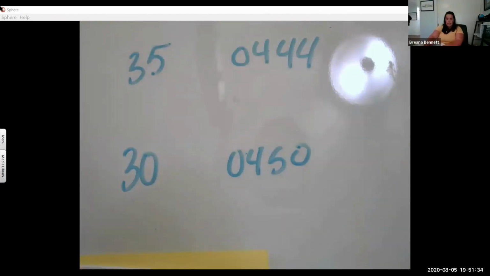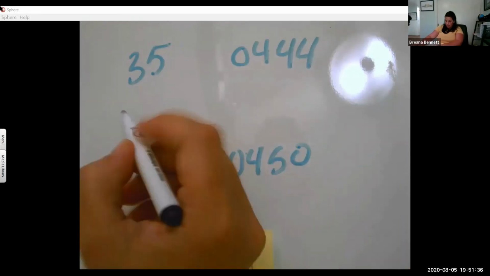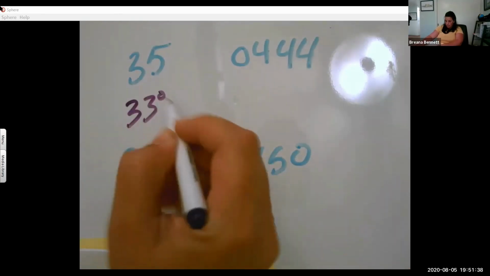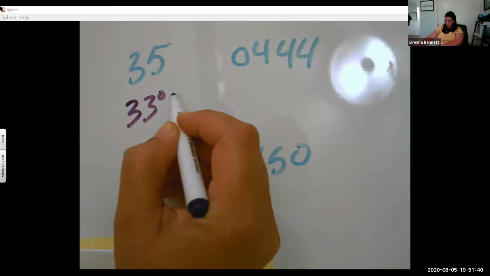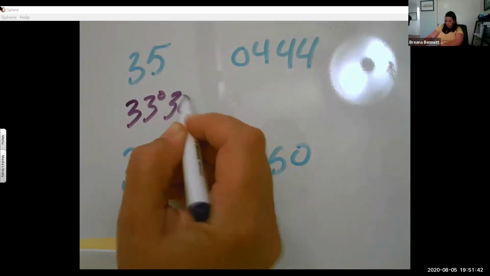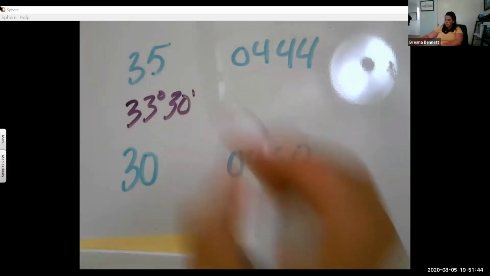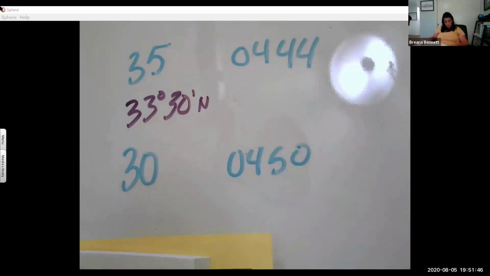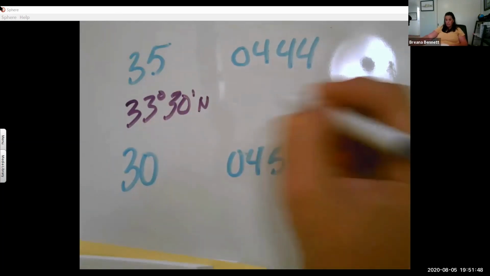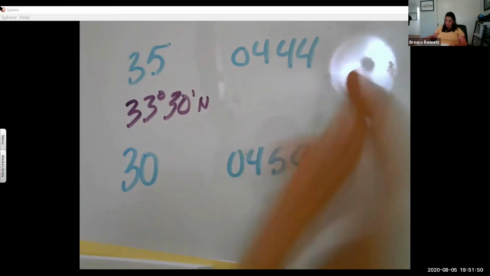So this is kind of that interpolation. I'm just going to call it 30. I don't know what latitude we're at. So what is my latitude correction?